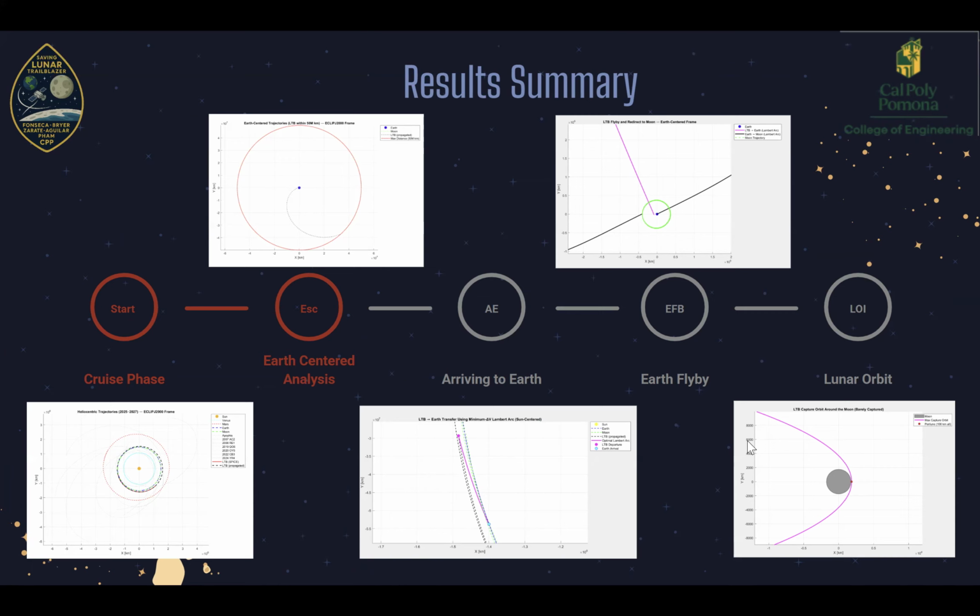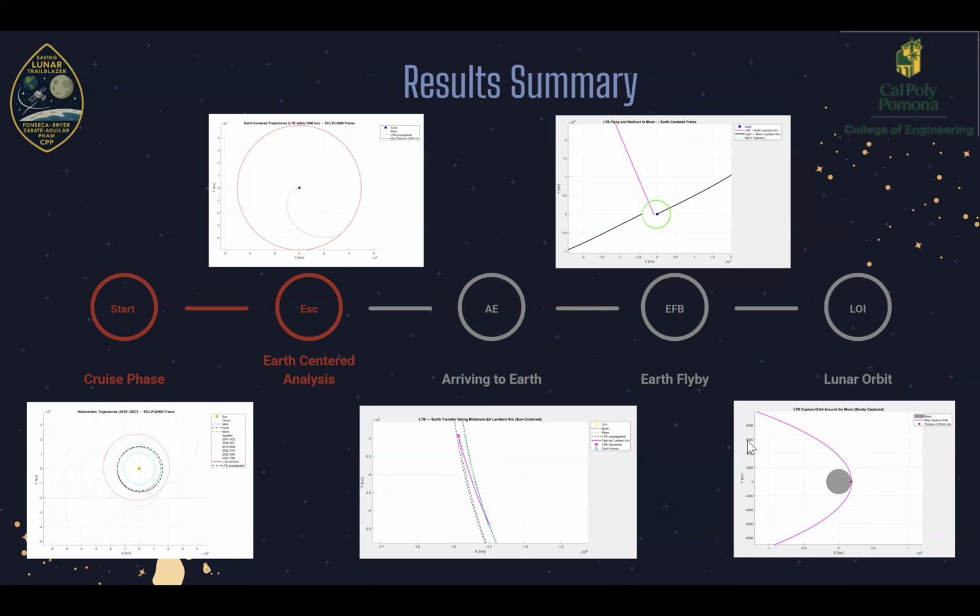Once we reached the Earth, we used the lunar insertion orbit that we wanted to reach to do an inverse Lambert and then calculate how much flyby would be required at the Earth.